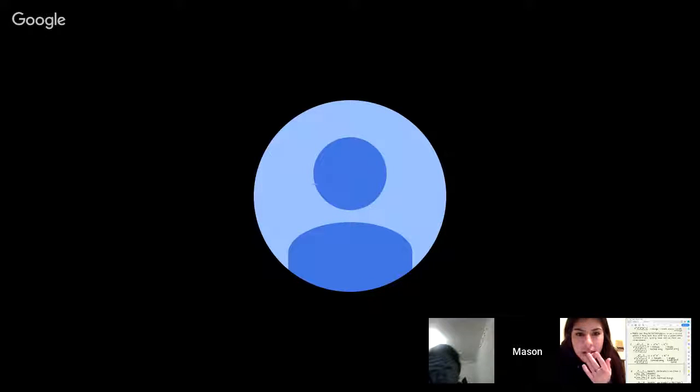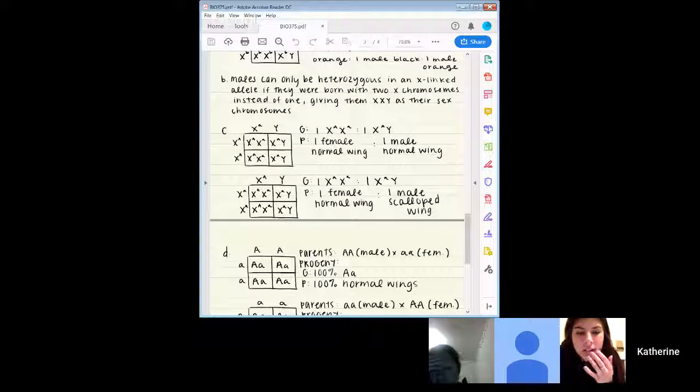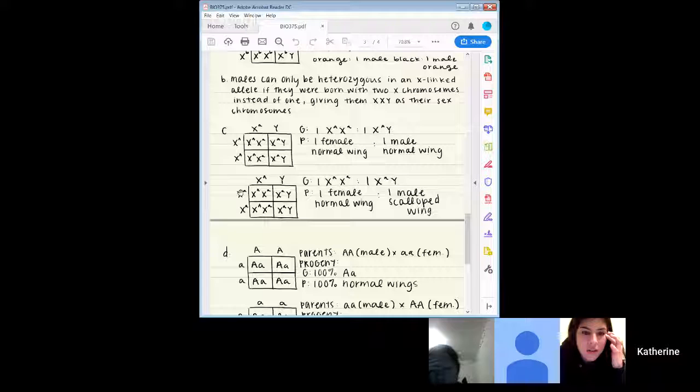In the first cross, did you do homozygous dominant for the mom, or is it heterozygous? It's heterozygous, right? It looks heterozygous. And then the second cross, it's homozygous recessive for the female? Yeah, the second cross is homozygous recessive.